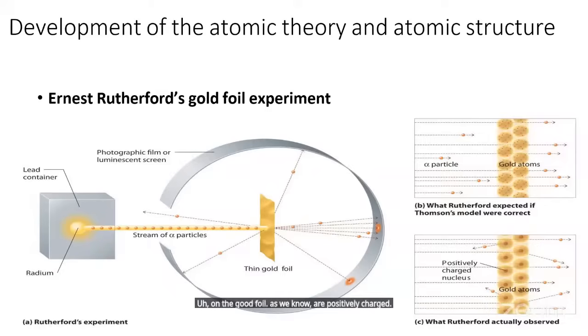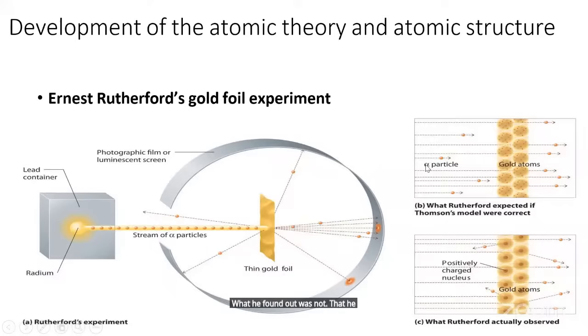So what he thought was that, since you have positive charge on the dough, and you have negative charges as the electrons scattered, his assumption was that once this stream of alpha particles hits this gold foil, everything will go straight onto the photographic film or the luminescent screen. But to his dismay, what he found out was not that.